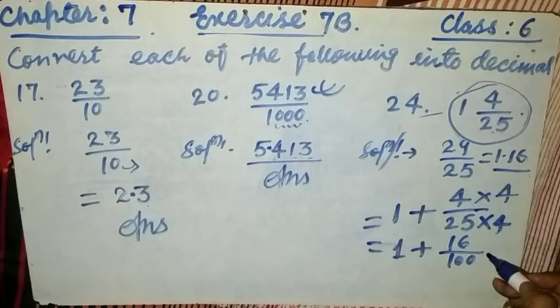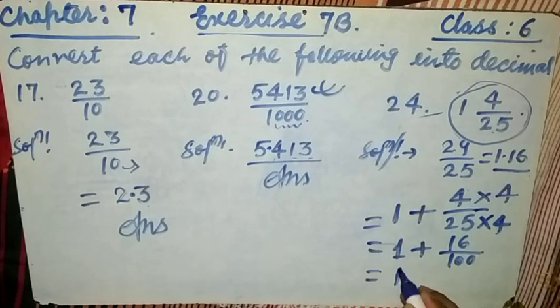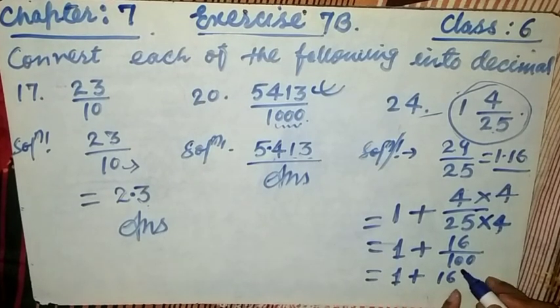So friends, 16 by 100 is nothing but a decimal fraction, and you know friends, a decimal fraction can easily be changed into a decimal, okay. Now this 1 is as it is. Now this could be written as: write the numerators, and see how many zeros are in the denominator. There are 2 zeros, so we have to place the point after counting 2 digits, 1 and 2.